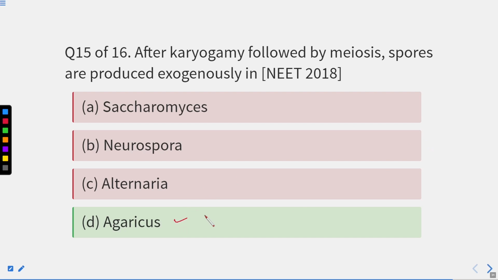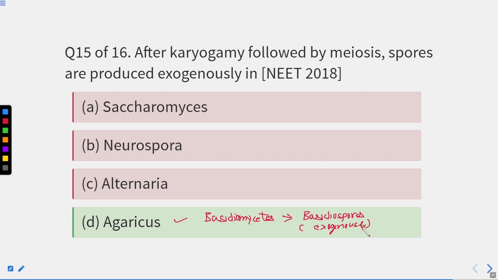Agaricus is a member of Basidiomycetes, in which basidiospores, which are the sexual spores, are produced exogenously from the basidium.